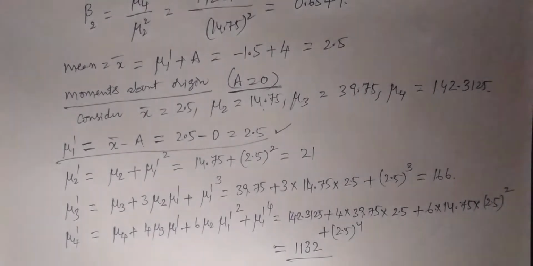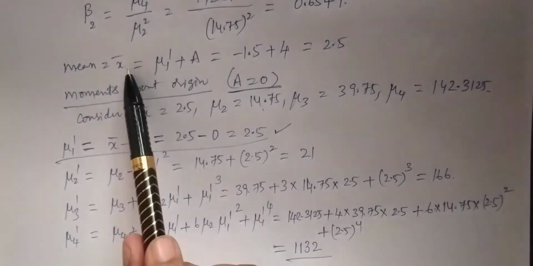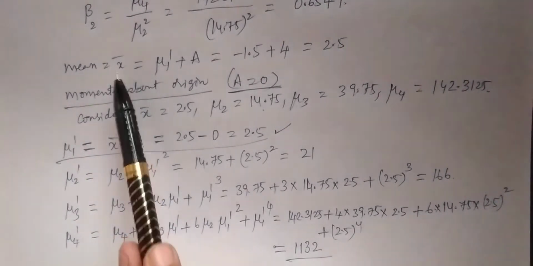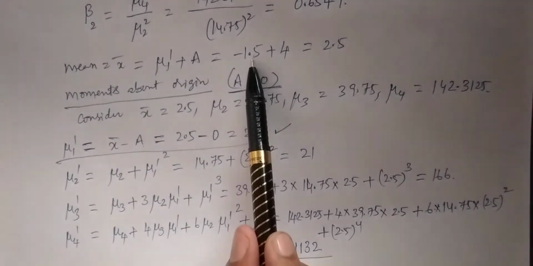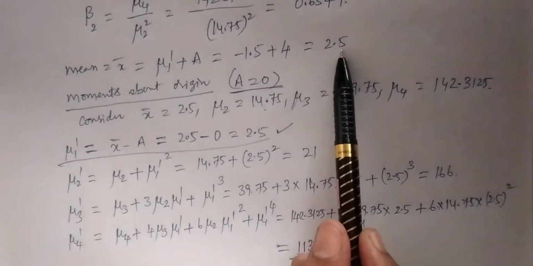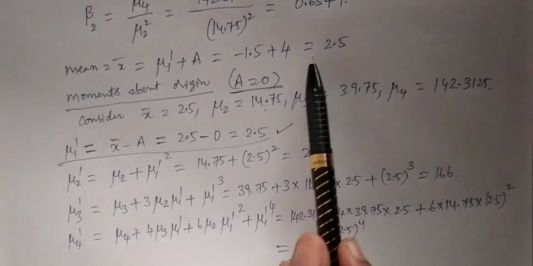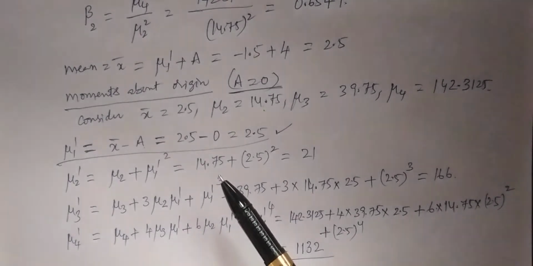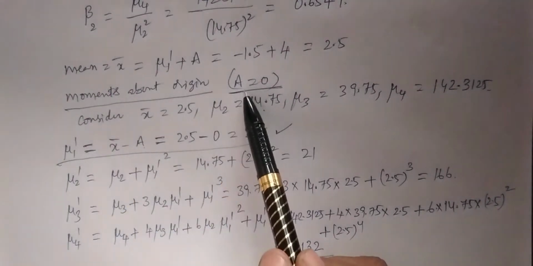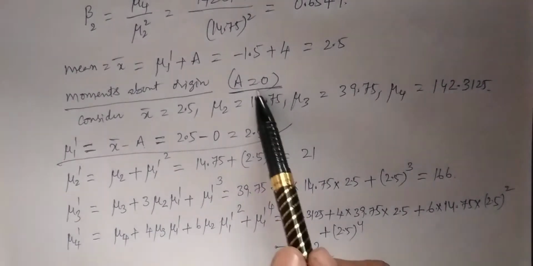This is the calculation of moments about origin. I explain again. You consider the mean, calculate x bar is equal to mu1 dash plus a, and from the previous values, minus 1.5 plus 4, it is 2.5. That is the base of calculation for moments about origin. Origin means you have to consider a is equal to 0.